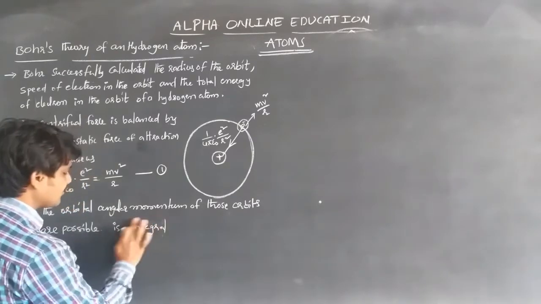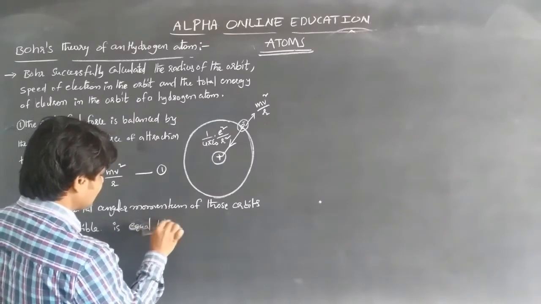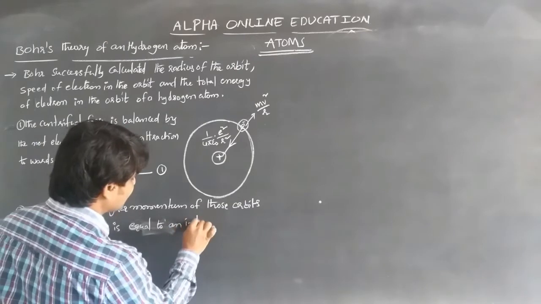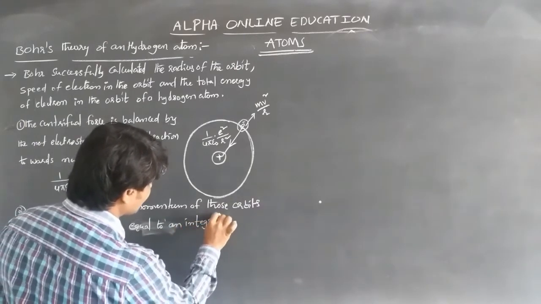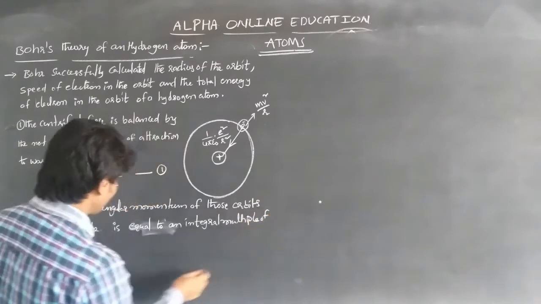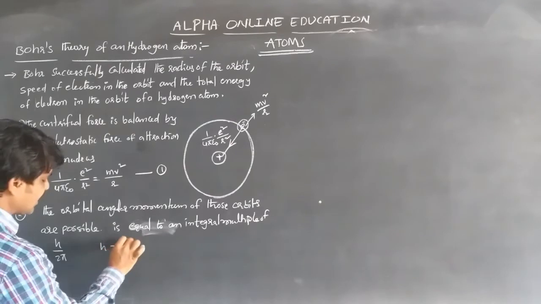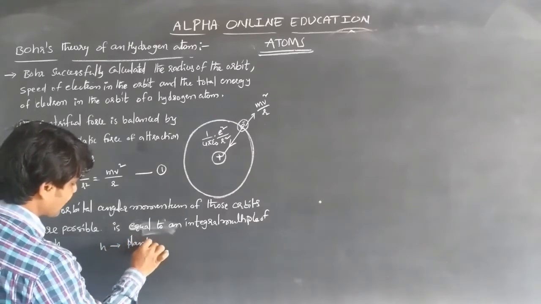of h by 2 pi. Here h is Planck's constant.